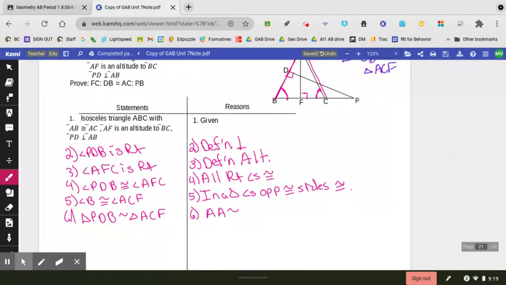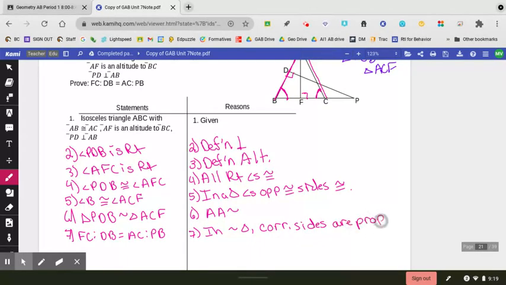And then I can state my proportion, which is FC to DB is equal to AC to PB, because in similar triangles, corresponding sides are proportional. That's the end of the proof.